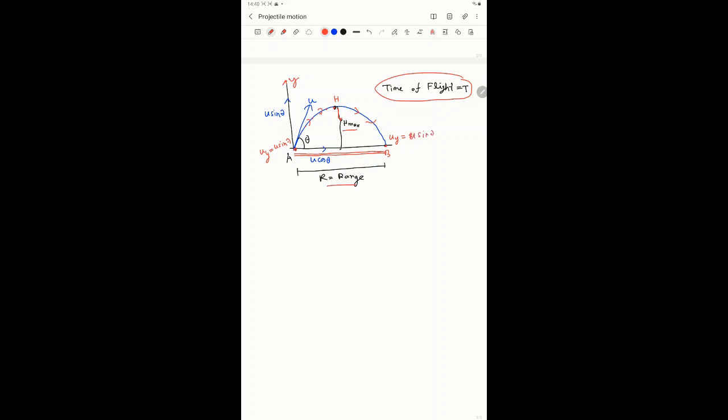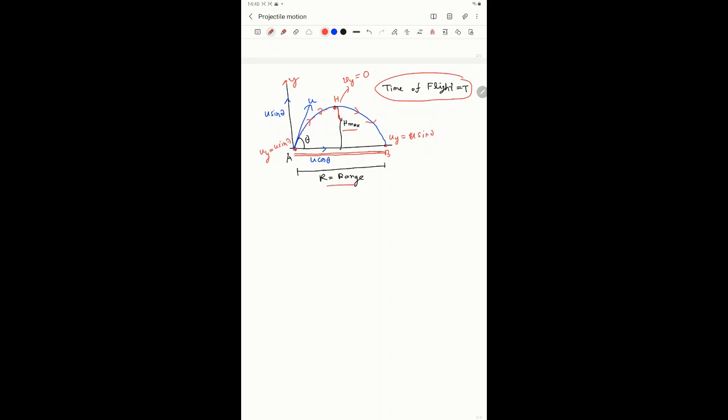At point H, its final velocity along the y-axis, vy, equals 0. So from here it is decreasing velocity, and here it is 0.